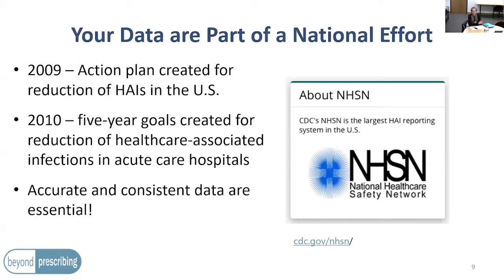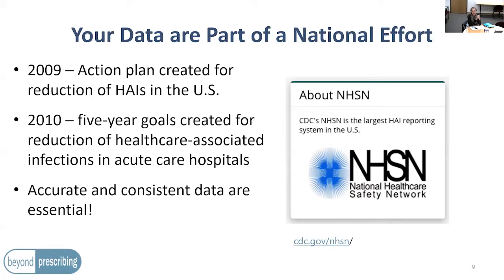So back in 2009, after some interesting testimony to Senator Henry Waxman, about how little we were doing to reduce HAIs in the United States, an action plan was created. The CDC started putting together the National Healthcare Safety Network, which is a huge computer system that many of you are using now.